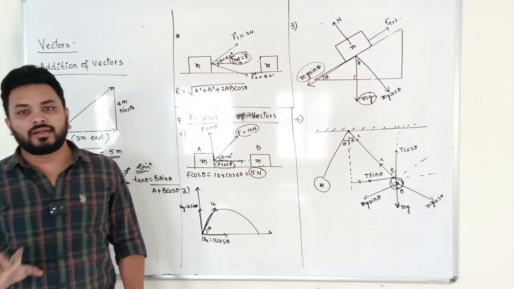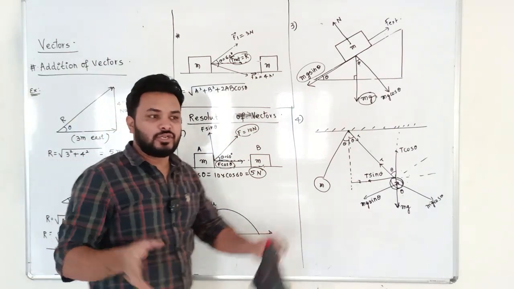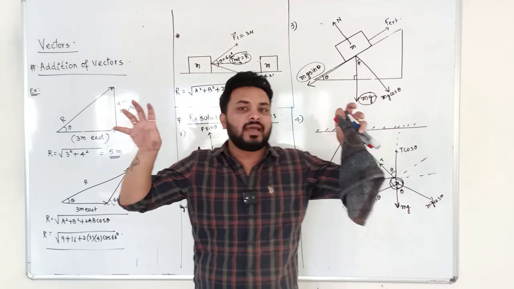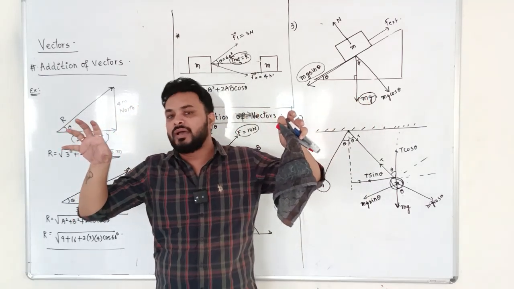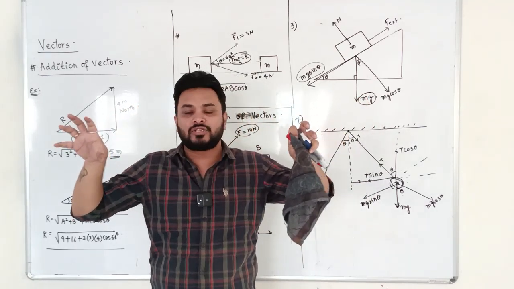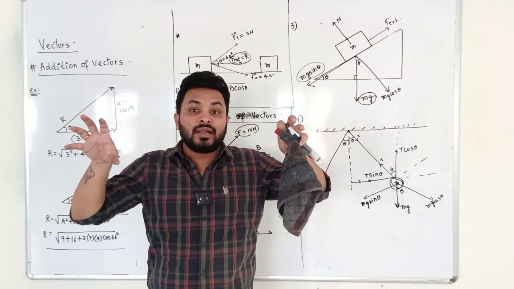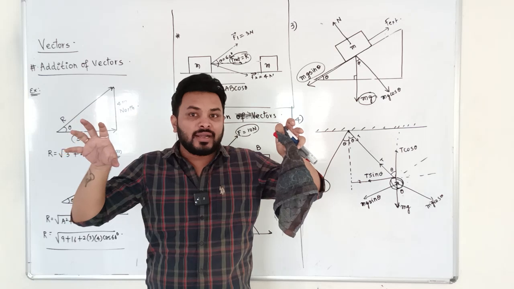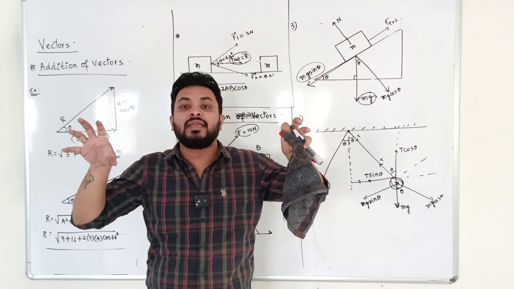This is very important. In electrostatics, we will see two charges suspended by a thread, plus Q and plus Q, repulsion, or plus Q and minus Q. At what angle are these two charges in equilibrium?